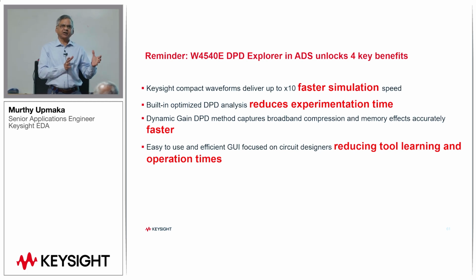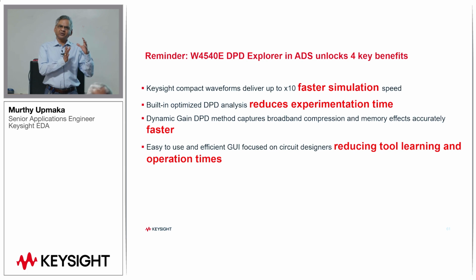There is something called compact waveform. So you take a long waveform, typically if, let us say you need to put 100 frames, I'm just saying, of a signal which is maybe tens of milliseconds, it may take several hours for you to simulate through the very complex architecture of the power amplifier.